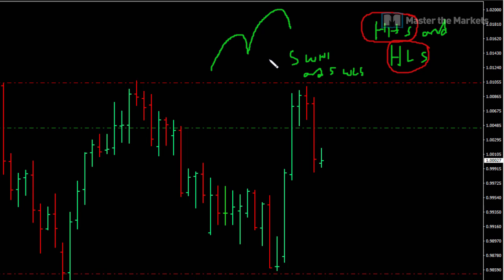They do not know how to quantify that. And that is so critical, because without the swing highs and swing lows quantified, you won't be able to objectively say that it's a higher high and a higher low, right?